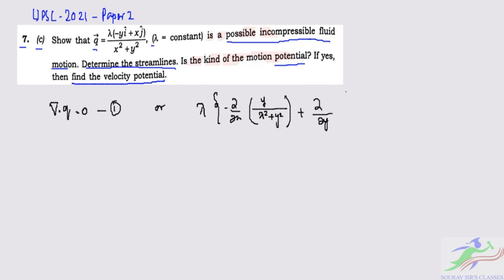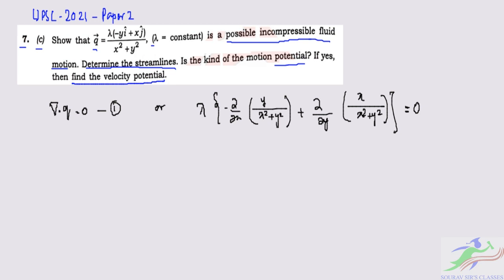So we know that grad dot q is equal to 0. This is equation 1. Or we can write this as lambda of minus del by del x of y by x square plus y square, plus del by del y of x by x square plus y square, is equal to 0.